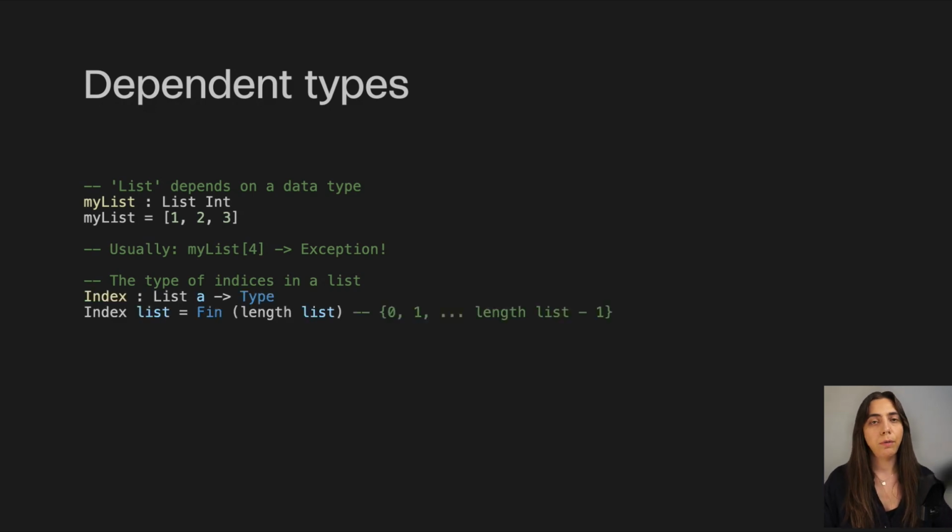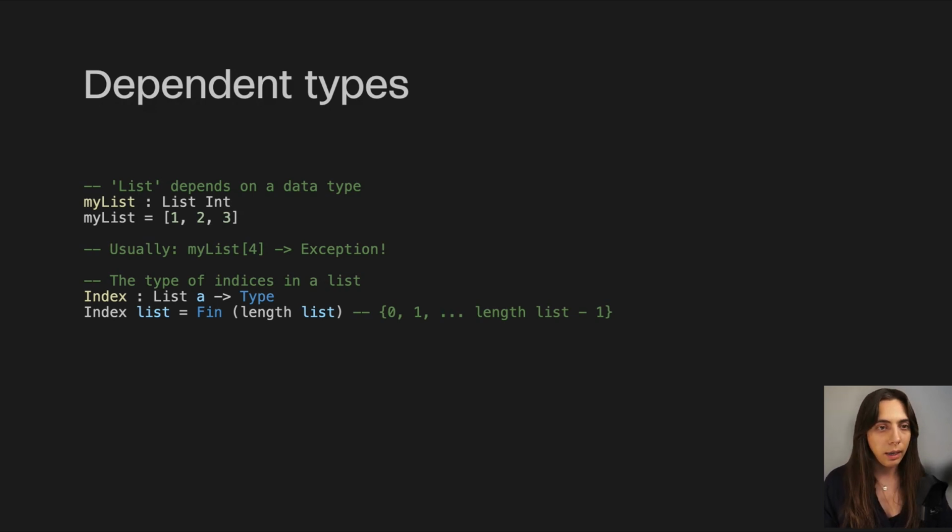So I can define a type, and this is code that actually compiles. This is a language called Idris. It's Idris 2. There's also Idris 1. And here I define a type that takes as input a list, so a value, and it produces a type.